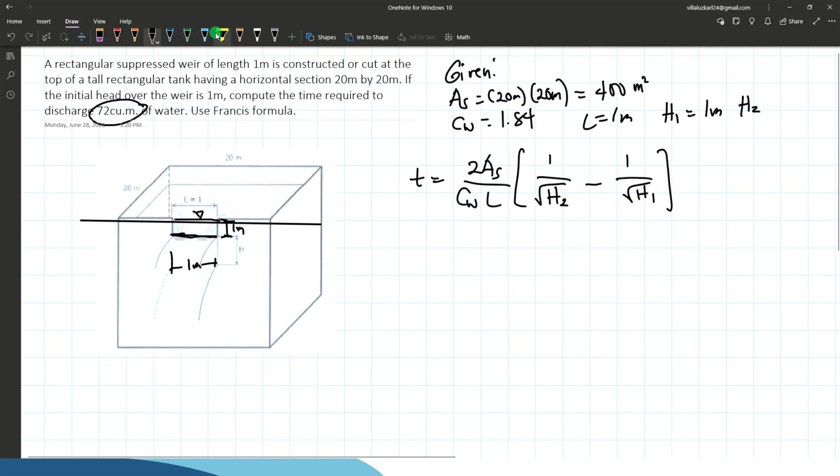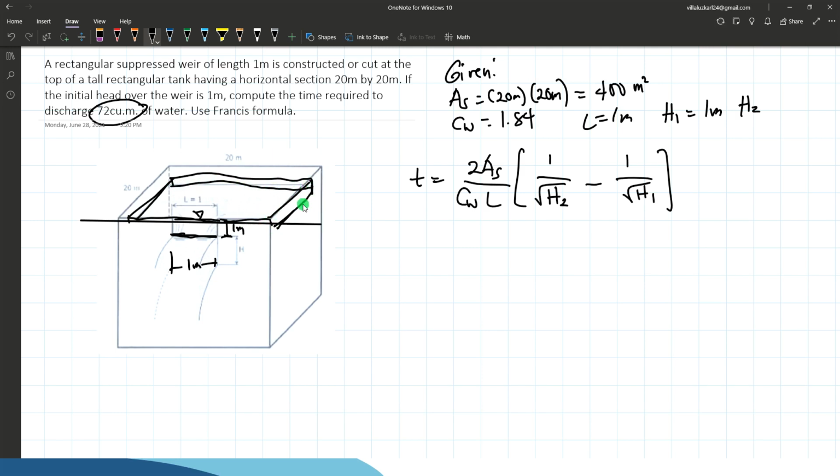Since the water level dropped from its initial head of 1 meter, the reduced volume, which is 72 cubic meters, is also in the shape of a rectangular prism.